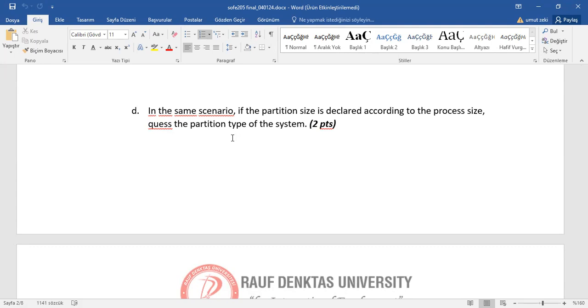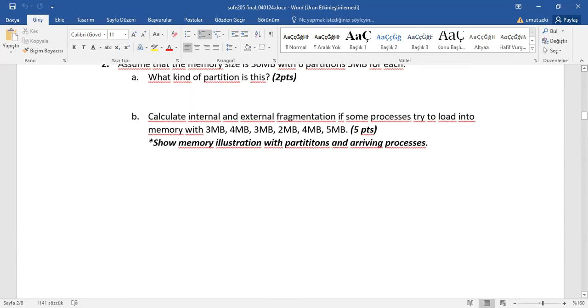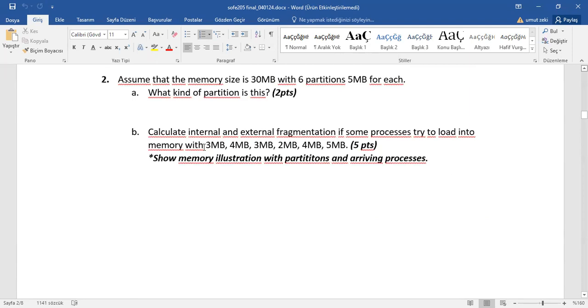If a 3 megabyte process comes to the memory, it creates a 3 megabyte partition. Okay, if 5 megabytes comes, it will create a 5 megabyte partition. So this is dynamic, and the first one is fixed. That is the difference. I hope you got the point. So this is fixed partition.